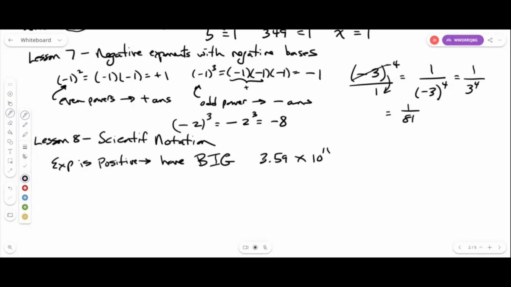That exponent is positive. This is a great big huge number. If the exponent is negative, we have a tiny number.